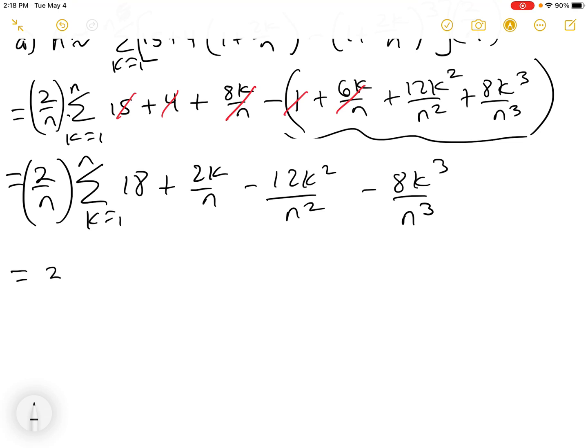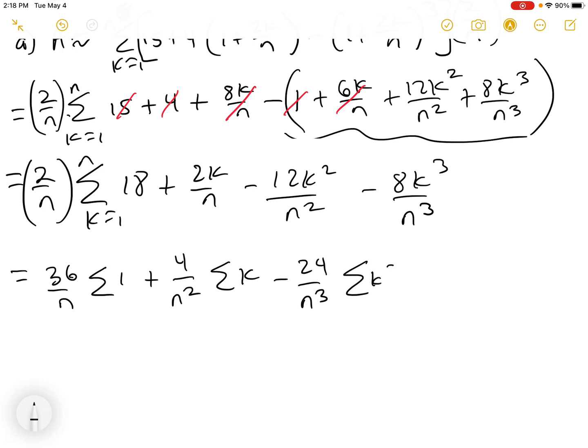So this is 36 over n, the sum from k equals 1 to n of 1, plus 4 over n squared, the sum of the k's, minus 24 over n cubed, the sum of the k squareds, minus 16 over n to the 4th, the sum of the k cubes.